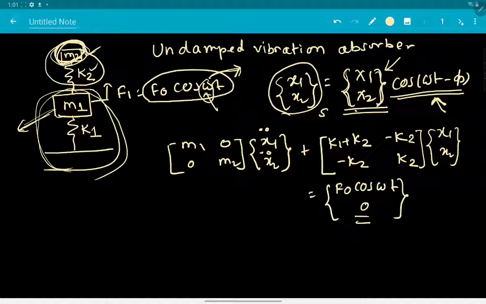We already have solved a similar case in the previous classes, so we'll have a relook at that once again. However, I won't be solving it completely. You can try it out at your end. What you have to do is plug in this approximation in this set of differential equations, and if you do so, then what you get is k1 plus k2.